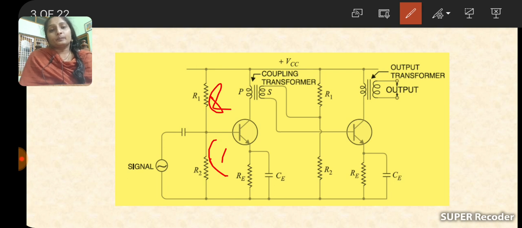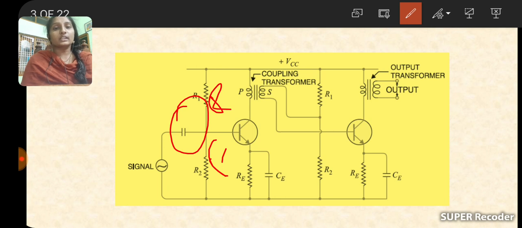And see here, coming to the operation, the input signal is applied to the transistor T1 through the capacitor C. Here the capacitor is used to connect the input signal to the base of the transistor T1, and it allows only the AC signal and blocks the DC signal, so it is also called a blocking capacitor.